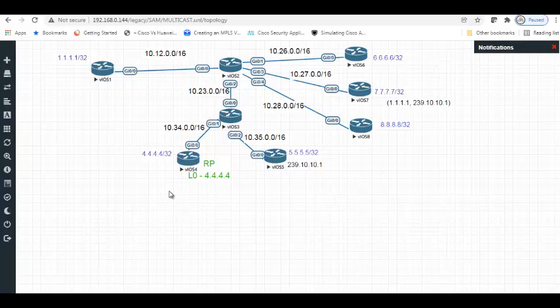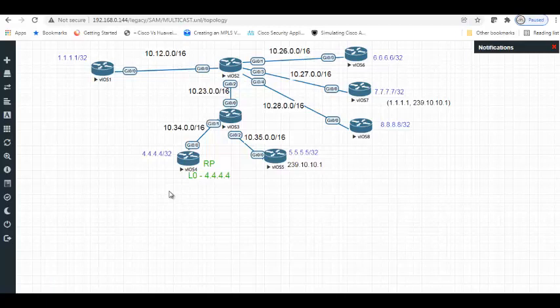For that, first we need to configure the RP address. We need to give statically the RP address to all the devices, including RP. To all the devices including RP, we need to manually configure the RP's address.